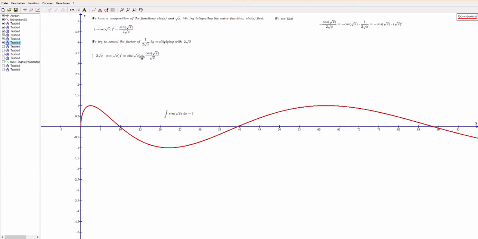So really, this problematic term here, this minus cosine of square root of x divided by square root of x, is really just minus cosine of square root of x times square root of x prime, or basically the composition of two functions times the derivative of the inner function. And as I've already said, this is really easy to integrate. All we have to do is integrate the outer function, the minus cosine.